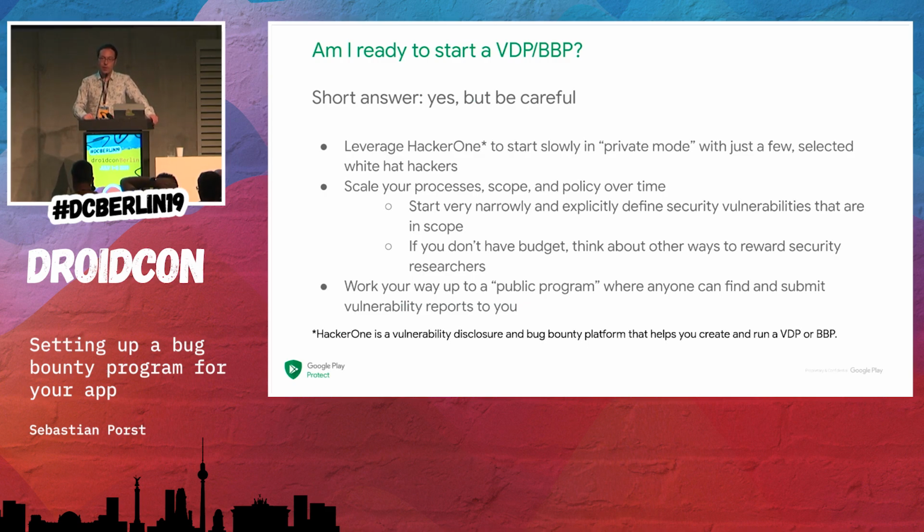Also be careful that you don't go overboard in what's in scope and what is actually being paid out. For the Google Play Security Rewards program, we started with 3 simple classes of security vulnerabilities. The first one is remote code execution, where everybody can take over your application over the network.